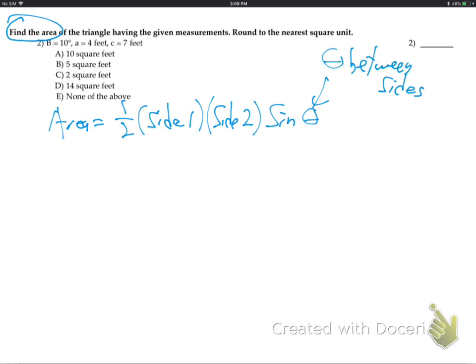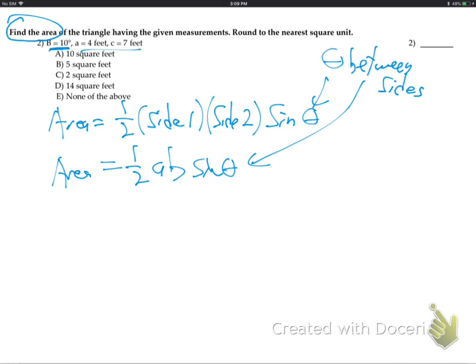I don't remember exactly how I wrote it, but maybe I just wrote 1/2 AB sine of theta, where theta is between A and B. It's definitely sine, and it's got to be the angle in between. B is between A and C, so it'll work. It's 1/2 times 4 times 7 times the sine of 10 degrees.